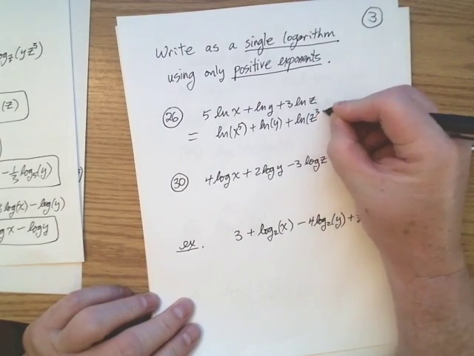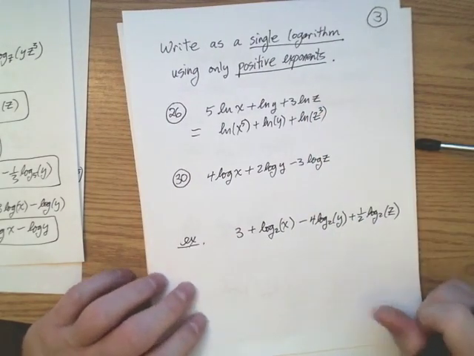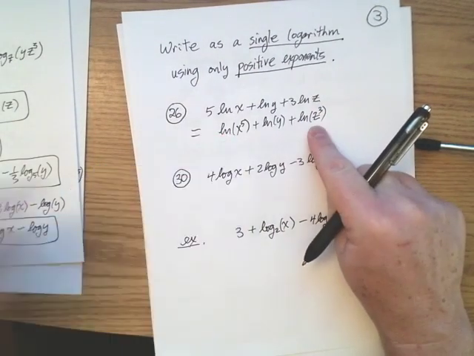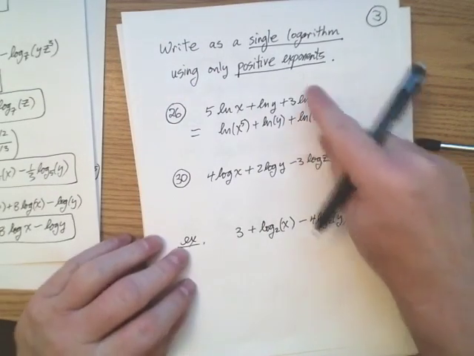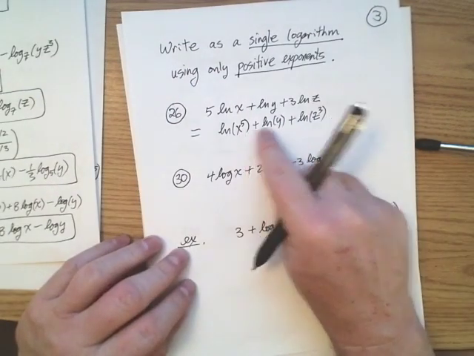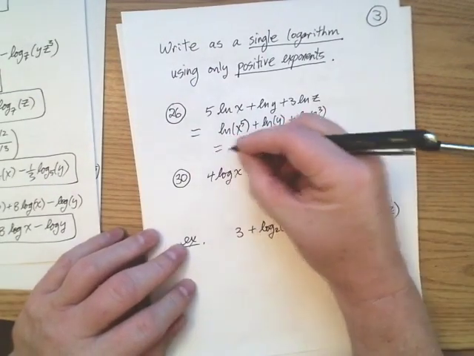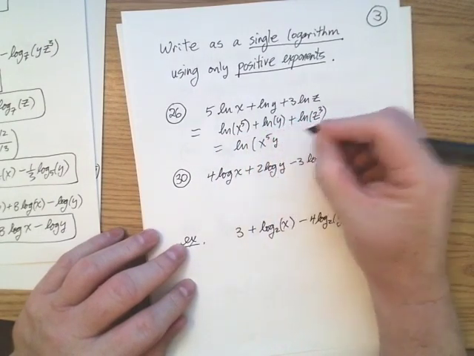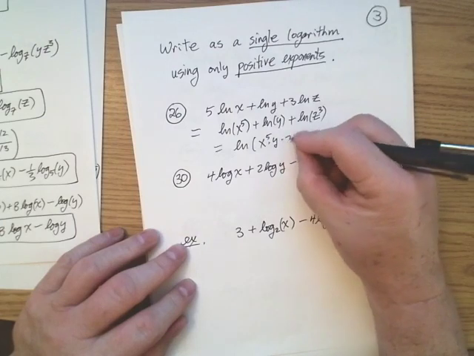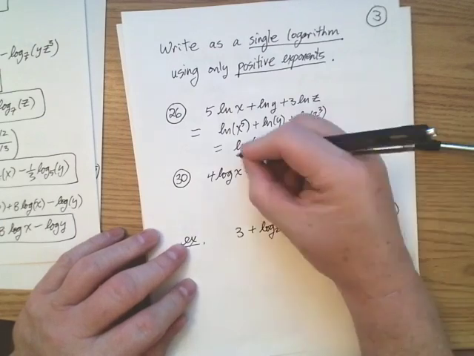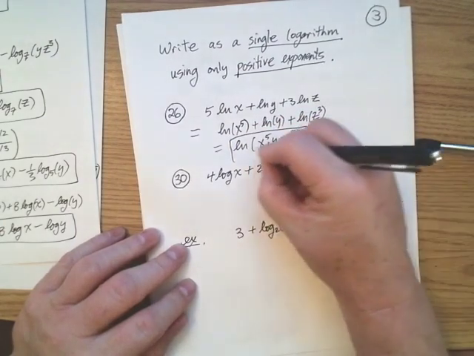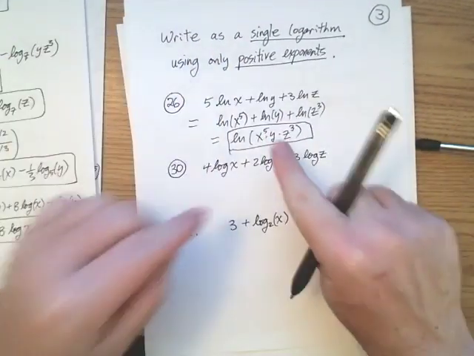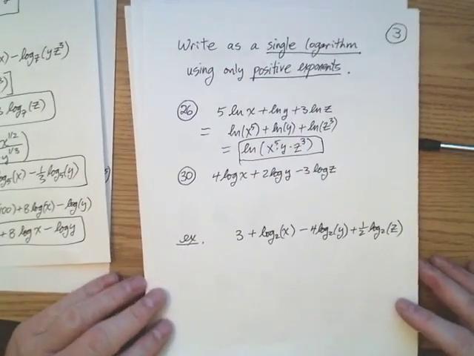That would be the natural logarithm of z cubed, right? So we're going in the opposite direction from what we did before. Now I've got pluses all the way through. So this is just the natural logarithm of the product of these. You can put dots in there or you don't need to, but there it is. So you should be able to go back and forth between these two.